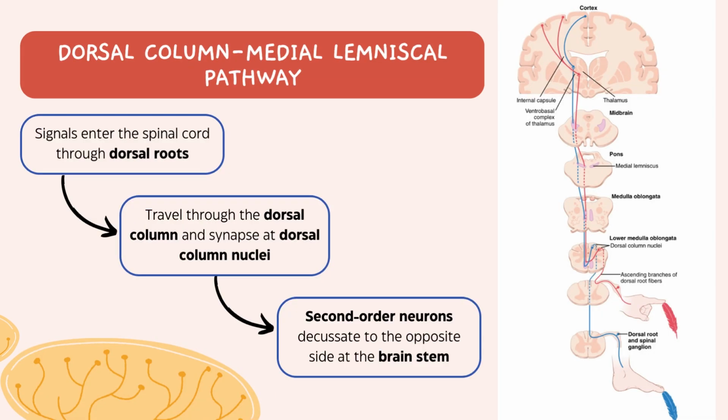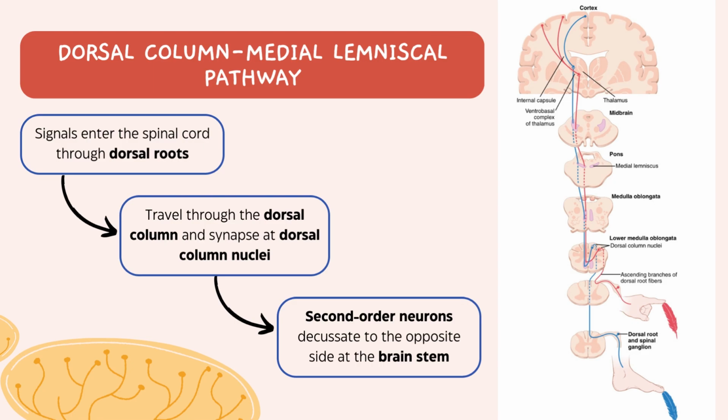Signals from the tactile receptors, Pacinian corpuscles and Meissner's corpuscles, will travel through the dorsal column medial lemniscal pathway. These signals enter the spinal cord at the dorsal roots, where they separate into the medial and lateral branches.